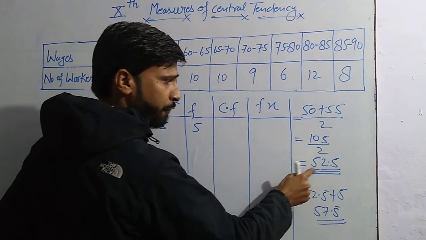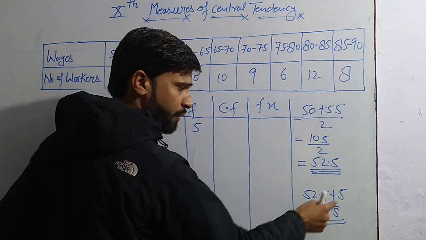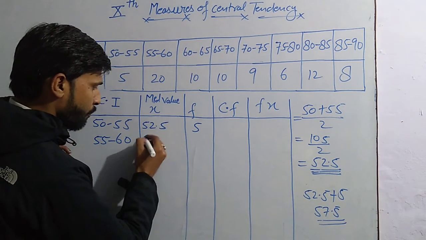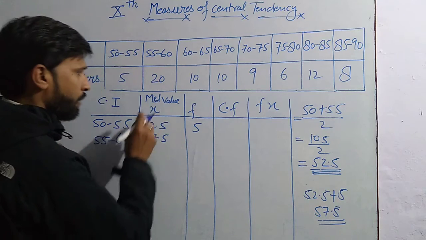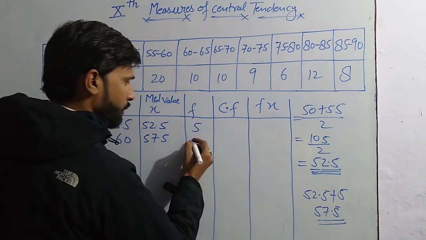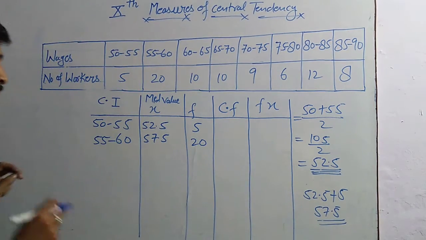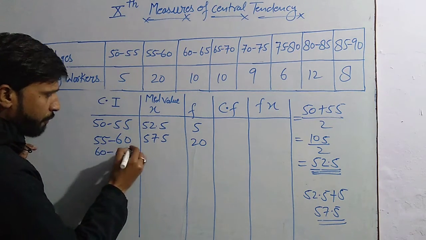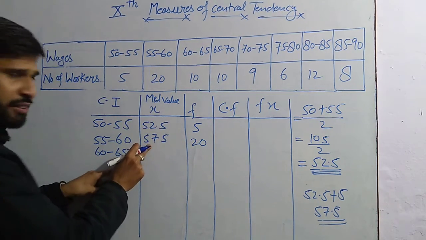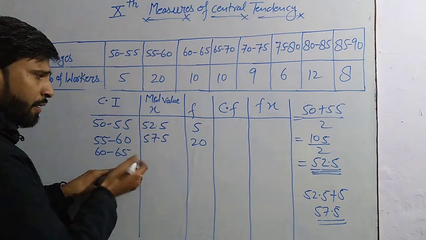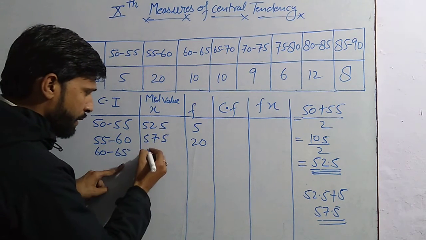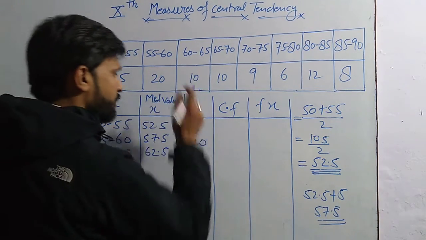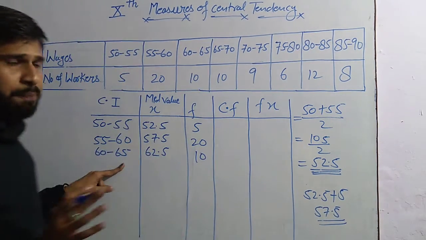Now adding 52.5 plus 5, we get the mid value 57.5, and the frequency of this data is 20. Now the next class is 60 to 65. 57.5 plus 5 converts to 62.5, and the frequency of the given class is 10.